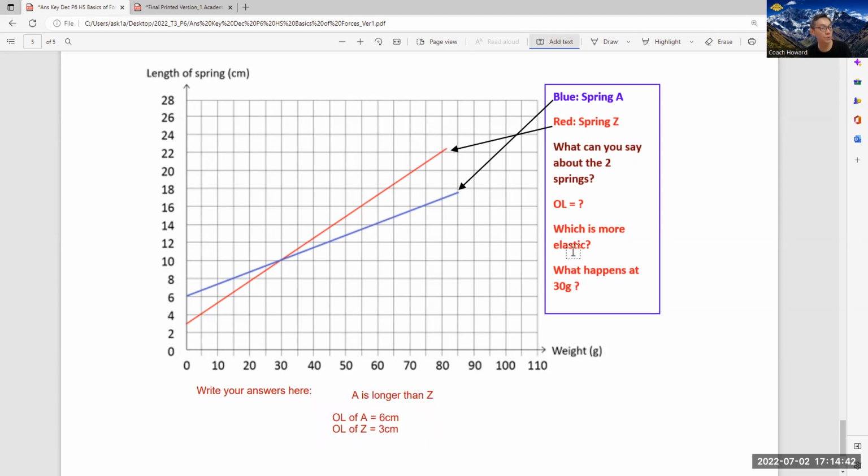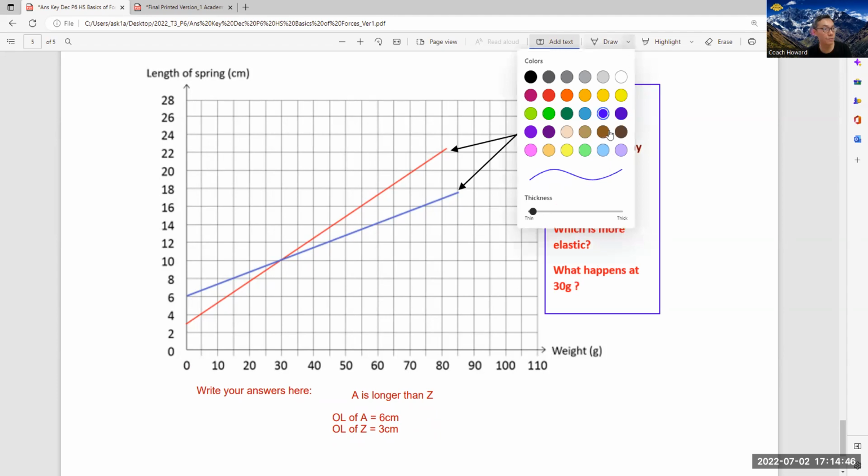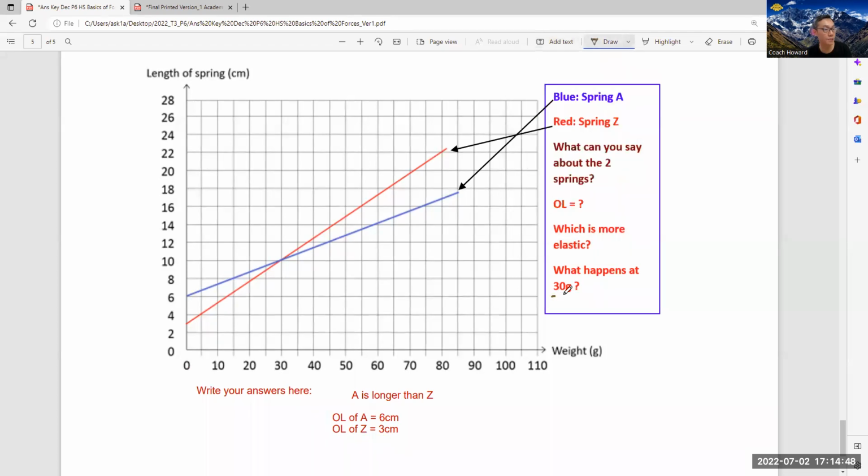Okay, now they ask you, which is more elastic? A very good point to indicate is actually at 30 gram. You can use this value here. Can you see at 30 here? These two springs are actually intersecting. They are both spring at 10 centimeters.